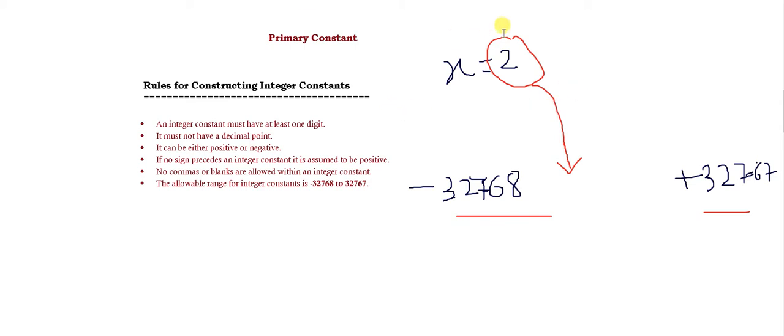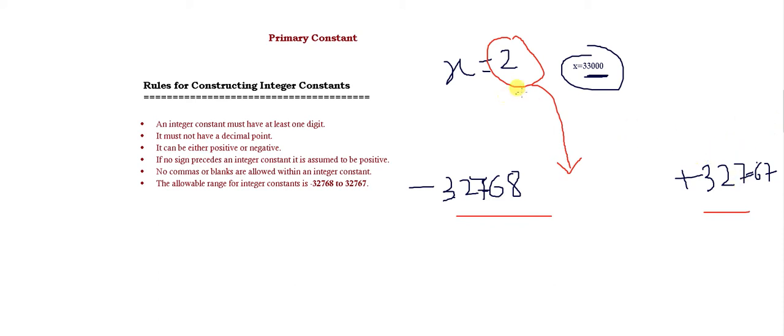But what happens if you try to declare x equal to plus, or you don't need to mention plus, by default it is plus, 33,000? Is it allowed? No. In C programming, you can't use an integer for 33,000, because 33,000 is beyond the range.